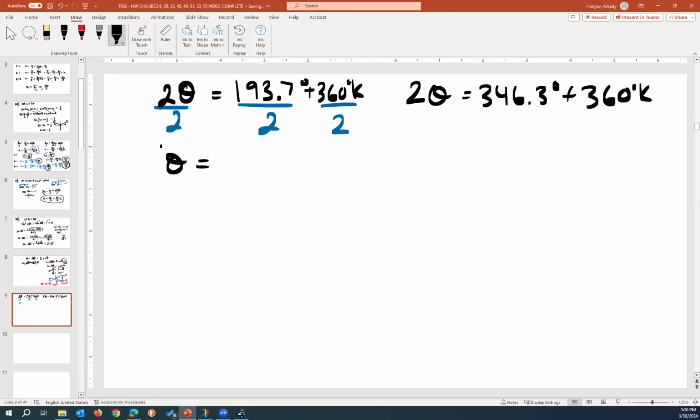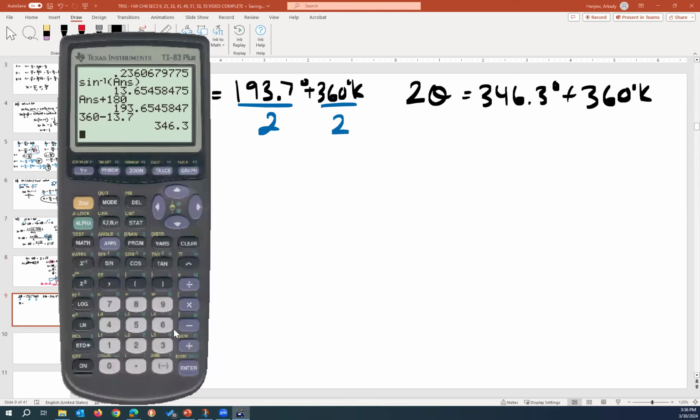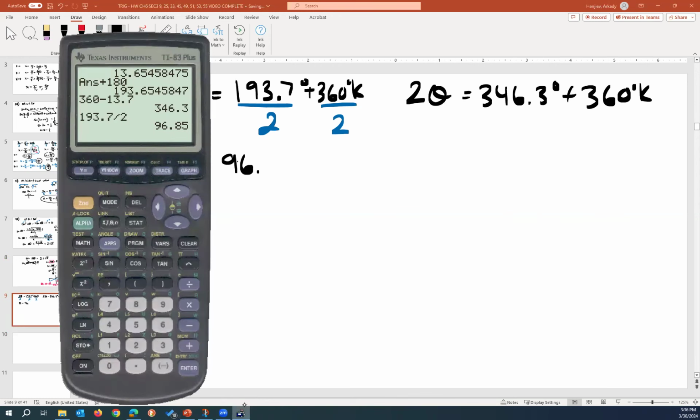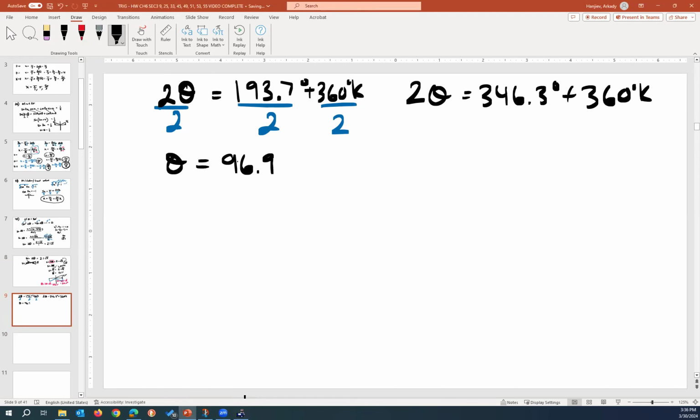So theta is equal to, let me check my calculator here, 193.7 divided by 2. Okay, so I got 96.9 plus 180. I need degree measurements here. Yep.